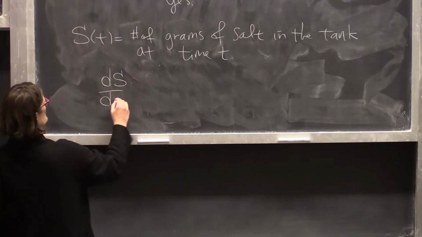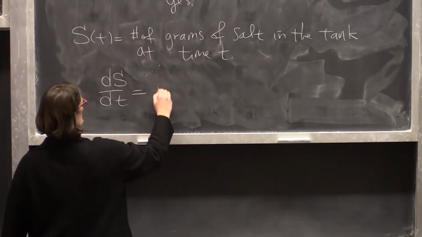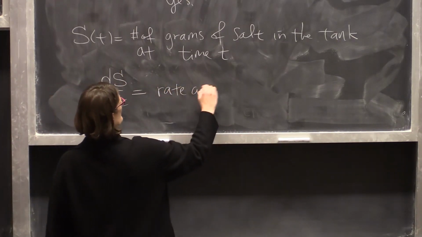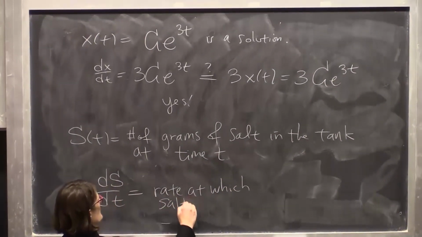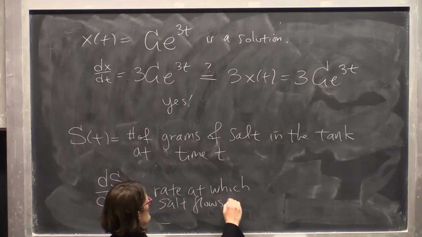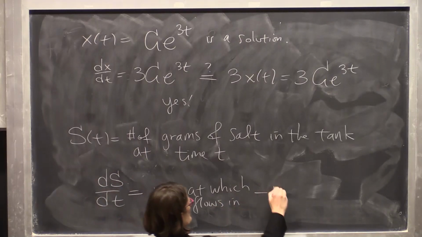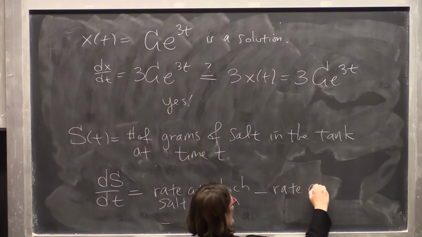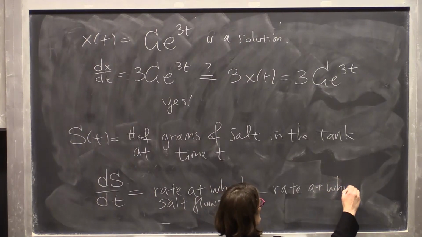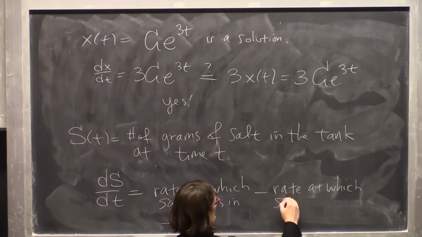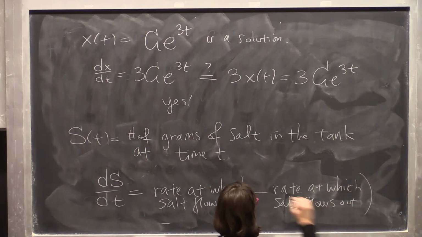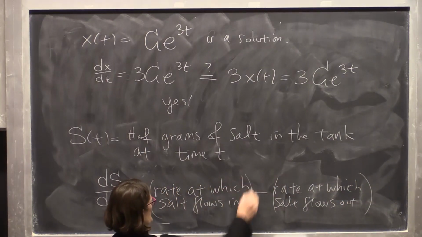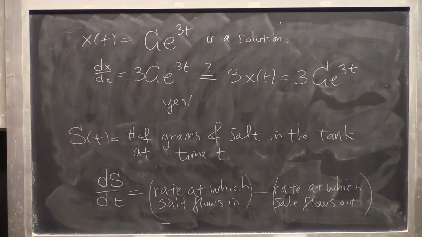dS/dt is going to equal the rate at which salt flows in minus the rate at which salt flows out. This is simply conservation of mass.